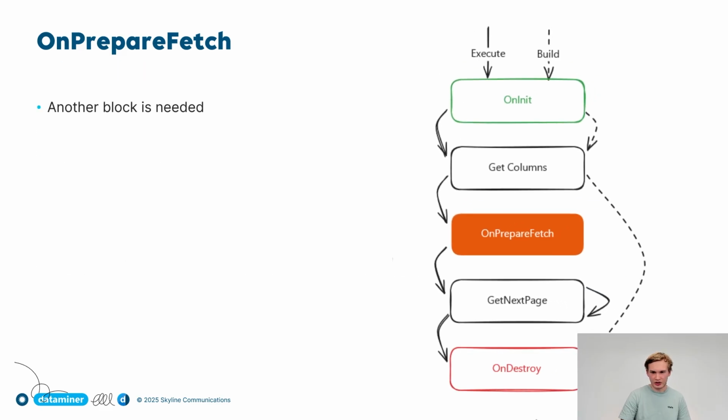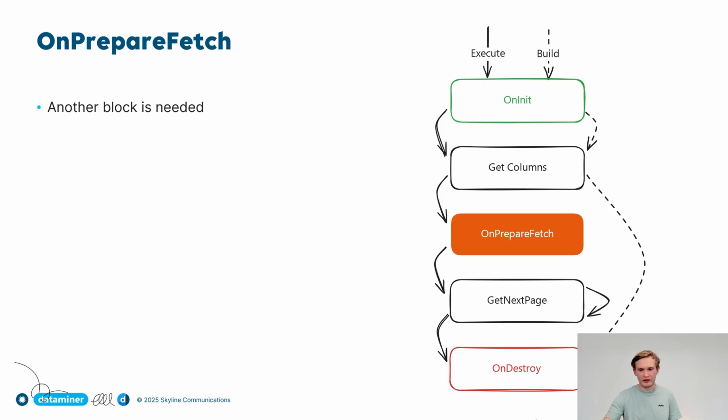Now, going back to our thing, you might think, well, why not use the onInit for this? Well, the big reason for this is these two lines. The execute path, which is what methods are called when executing the GQI query. Executing here means you open the dashboard, it's on a visualization, and you want to get the data from it.